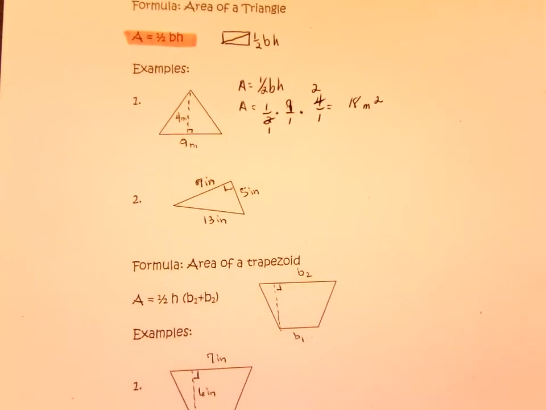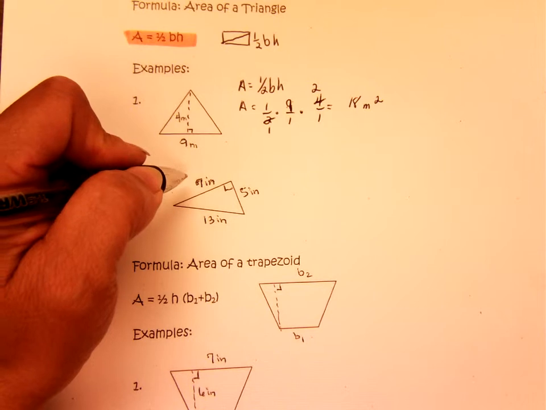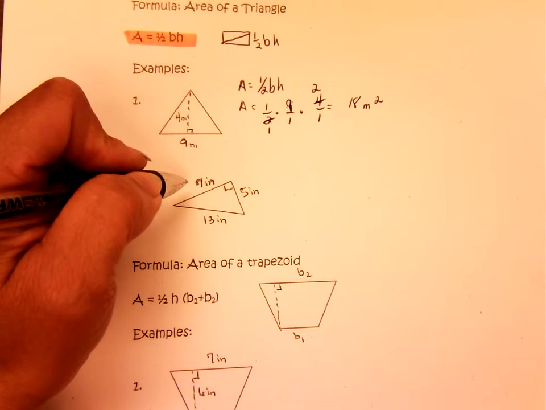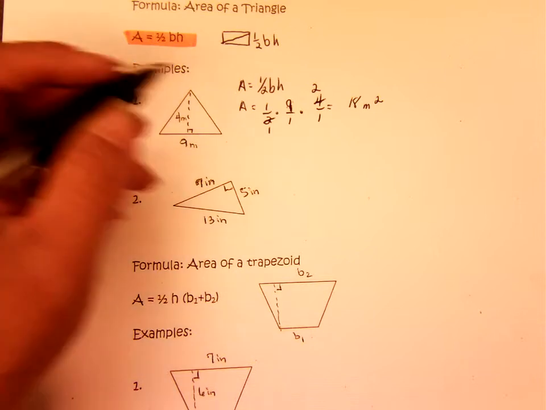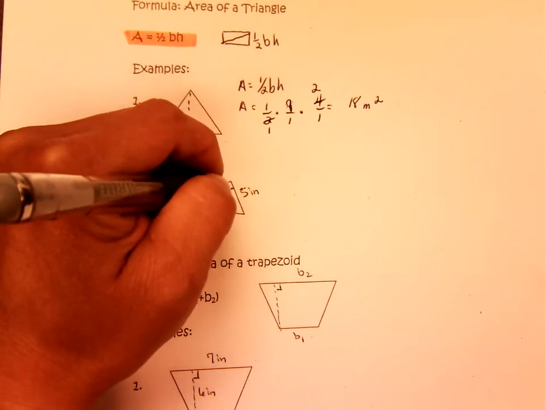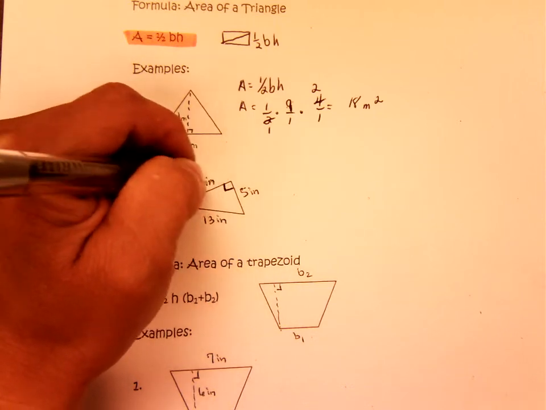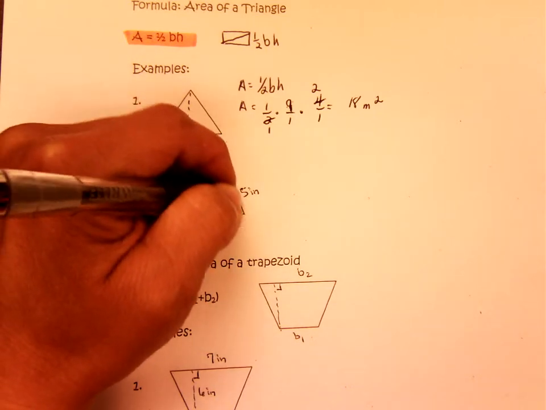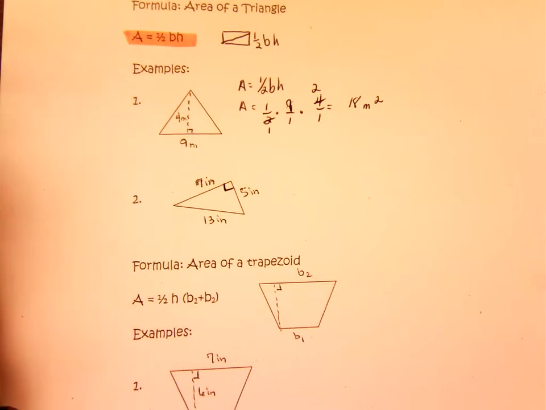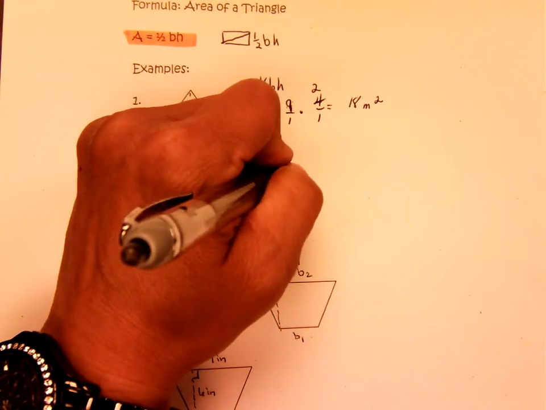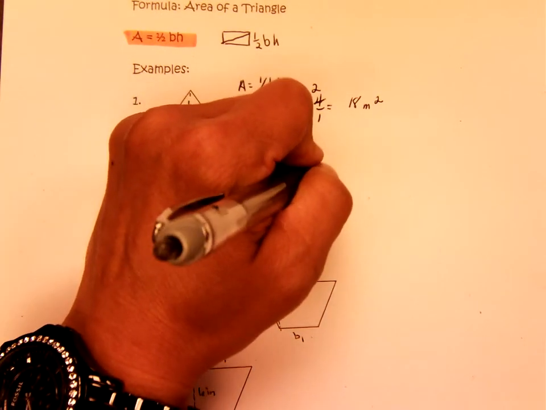Okay, let's look at number 2. Number 2 says you have to figure out which one is the base, which one is the height, and which number you don't need. If you have a right angle right here, this tells you that this is the base and this is the height, or it could be the base is here and the height's here. It doesn't really matter which one you use. So here's your formula: A is equal to 1/2 BH.